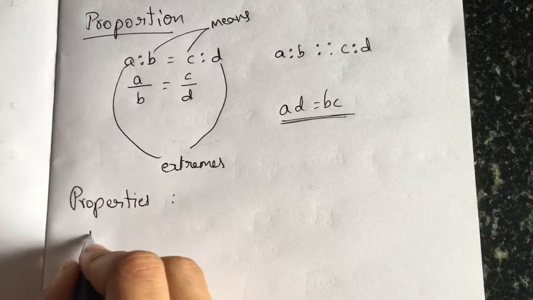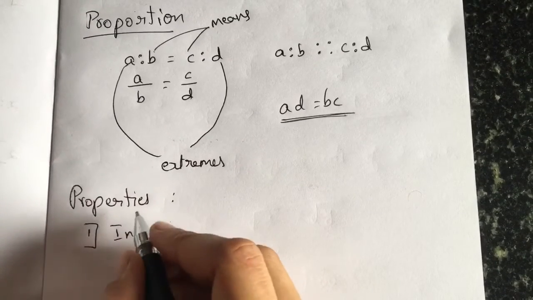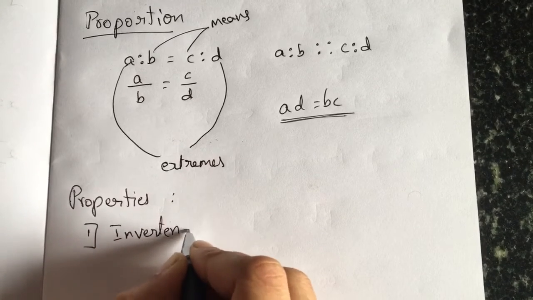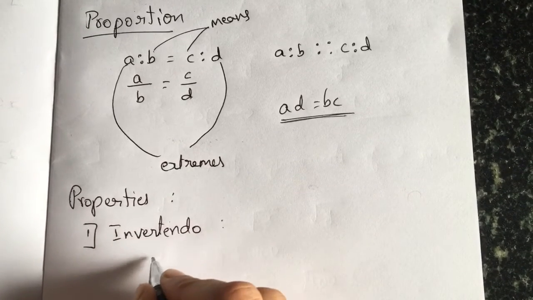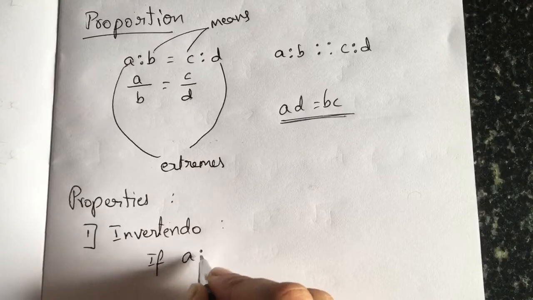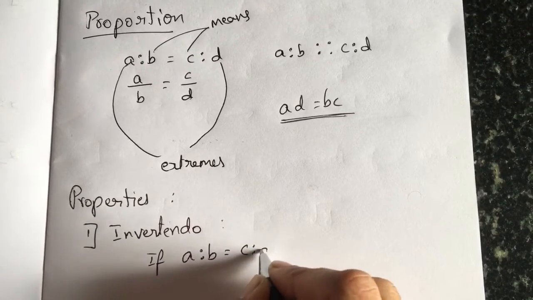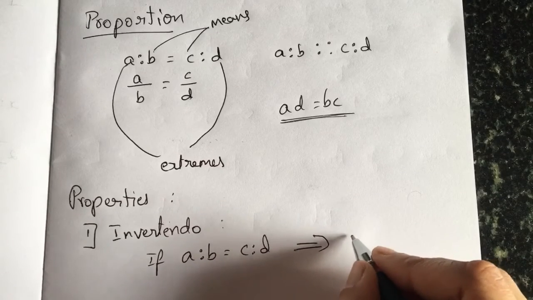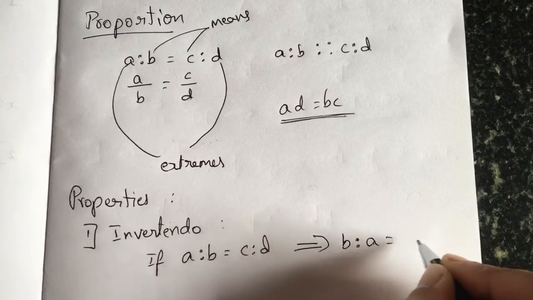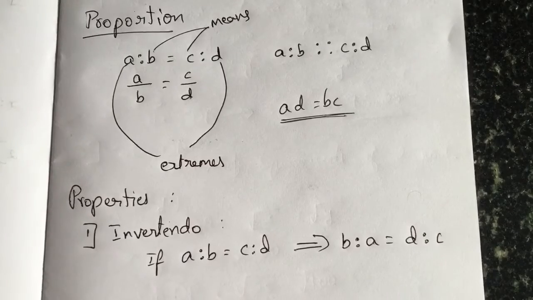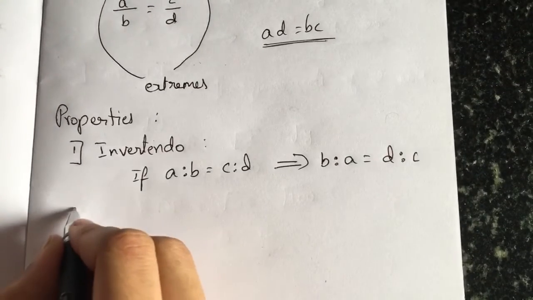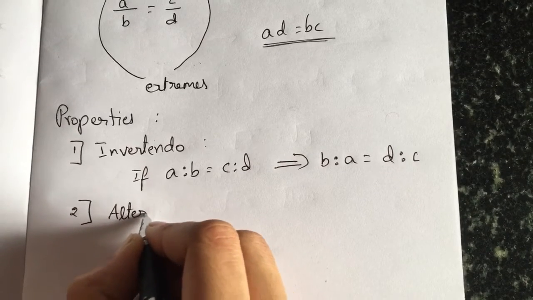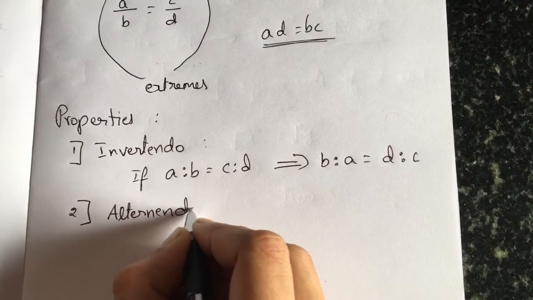First one is invertendo. Suppose you have a ratio A is to B is C is to D, then this property says B is to A is equal to D is to C. And the second property is called alternendo.